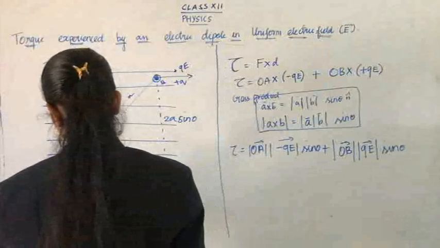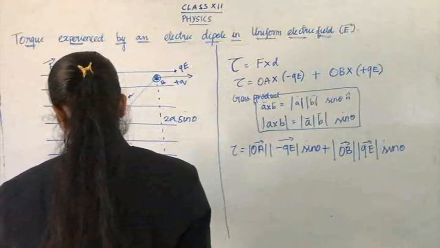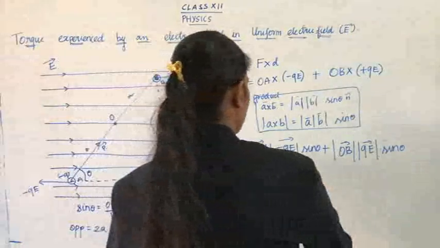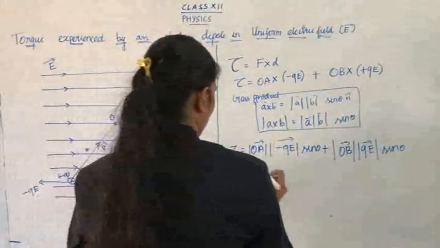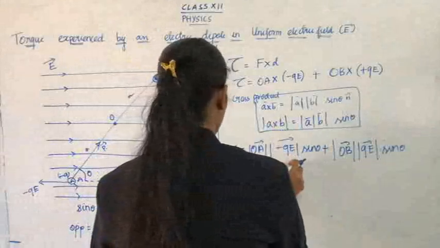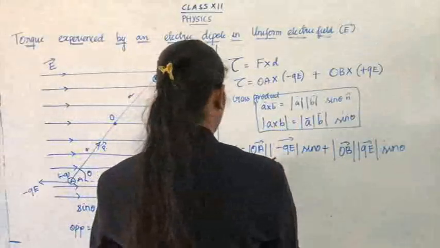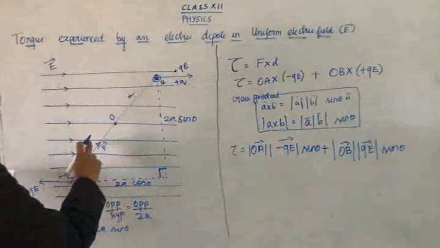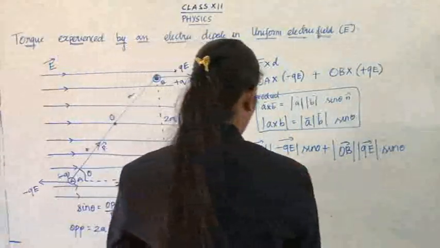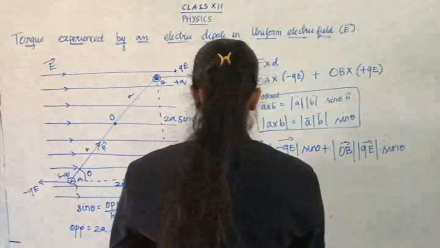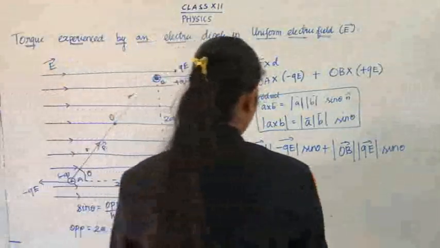Now, this is resolved into this, isn't it? See here, OA into minus QE. What is OA? It is A. So, A into QE, that is sine theta.